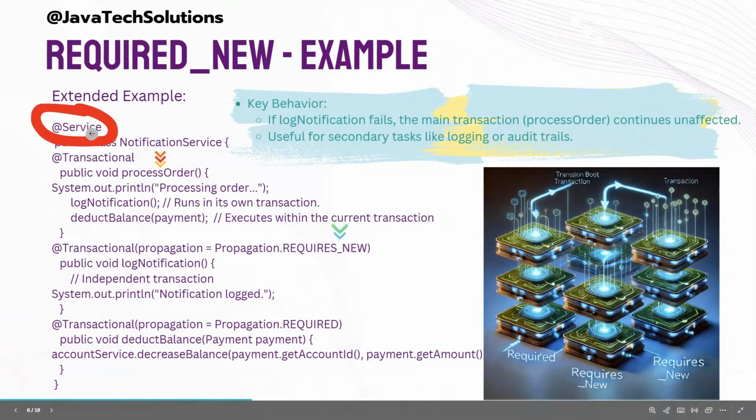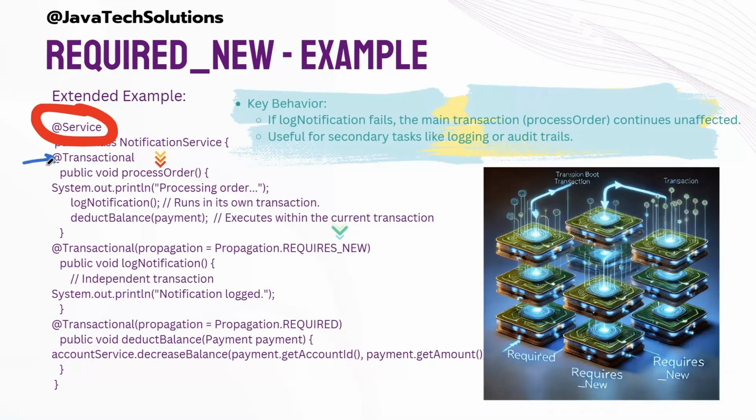If you see this particular class annotated with the Service annotation, and this process order method is annotated with the Transactional annotation, right? The default is REQUIRED, meaning the transaction is already started. Now this log notification method runs its own transaction. If you see this log notification, it is propagation REQUIRES_NEW. That means it creates its own transaction, so it is not bound to this transaction.